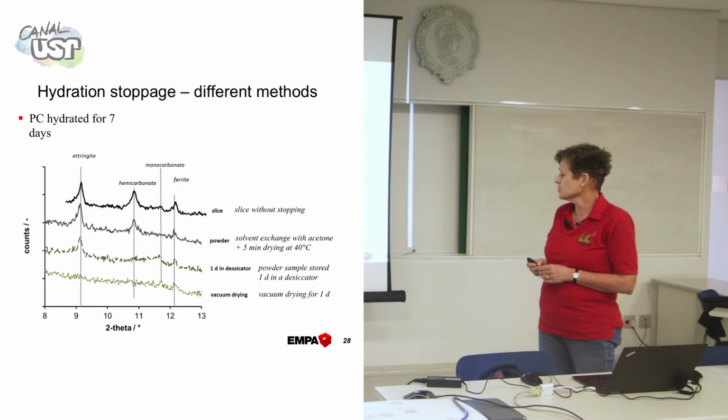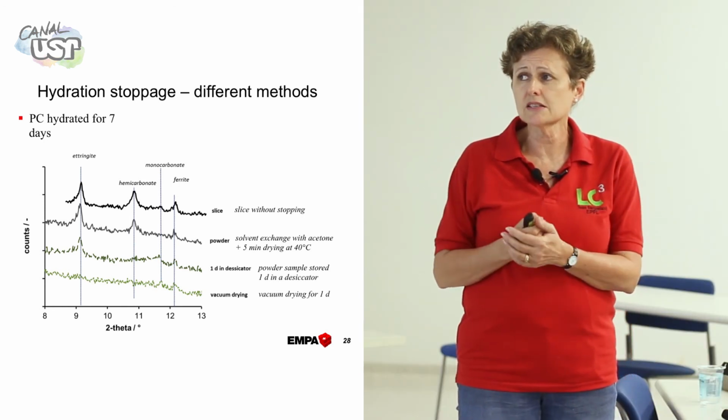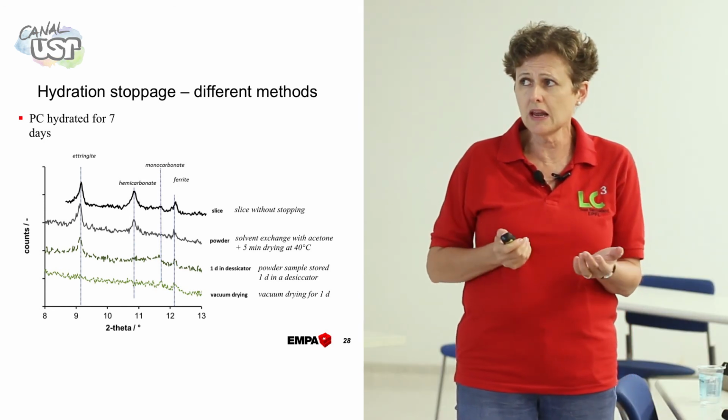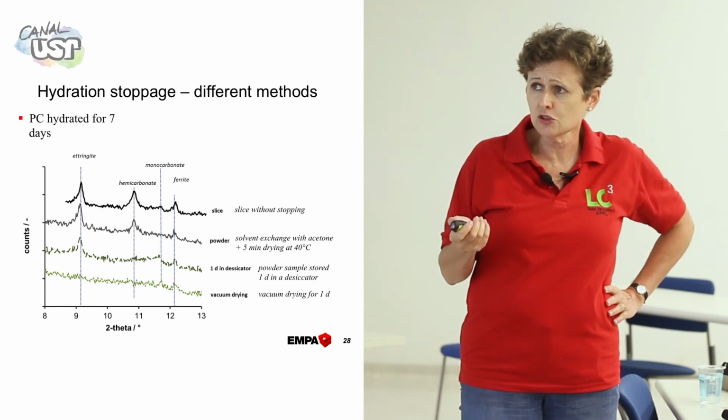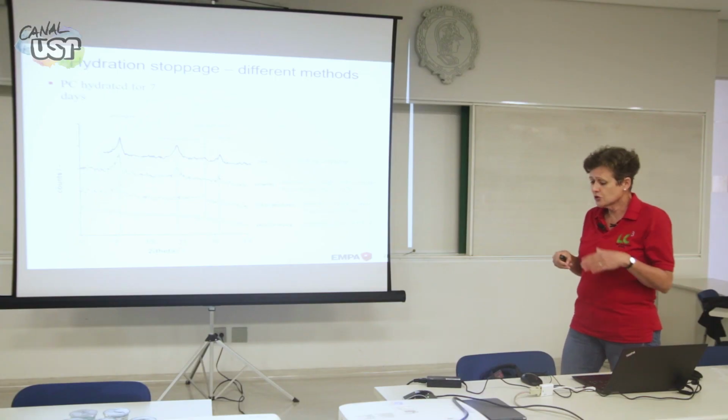So this just shows you some examples of how you can really affect particularly these aluminate hydrates. This is what we're generally doing for X-ray diffraction. We're doing slices without any stopping because you can slice, put it in the X-ray diffractometer, and do the whole measurement within half an hour or so. So you're not going to have very much change happening in that time.